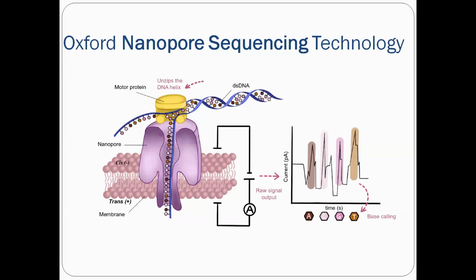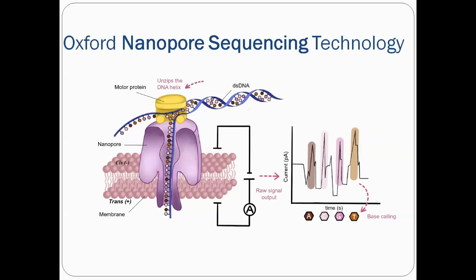In 2015, the first Oxford Nanopore technology, or ONT, sequencing device was released, and it had an entirely new way of sequencing DNA, because here there is no need of DNA polymerase. Instead, it's based on a small barrel-shaped protein in a membrane called a nanopore. In this figure, we can see that a nanopore is embedded in a membrane, and it also contains a motor protein, which is yellow in color, on top of it.